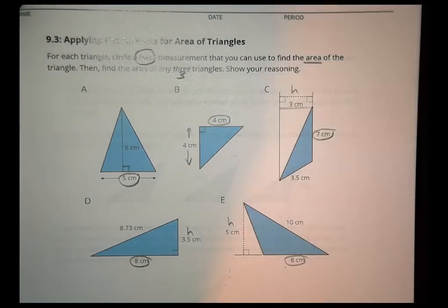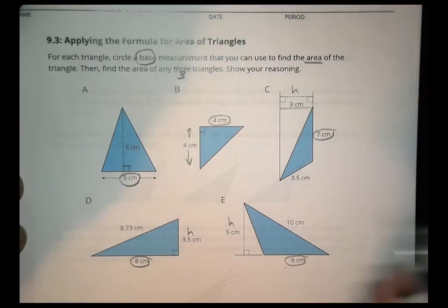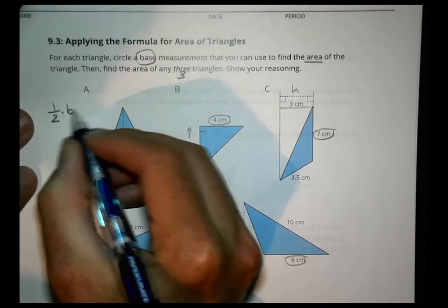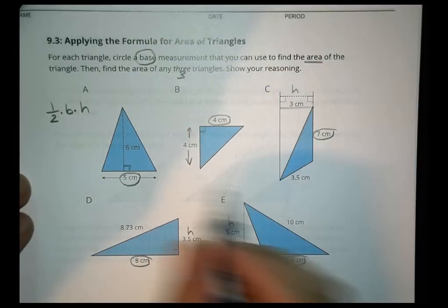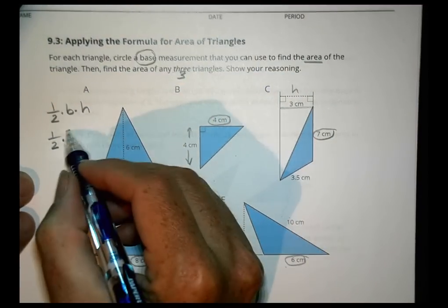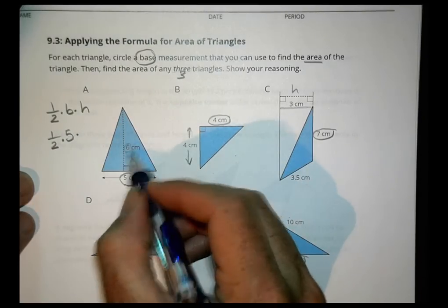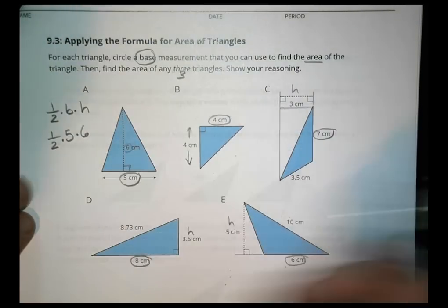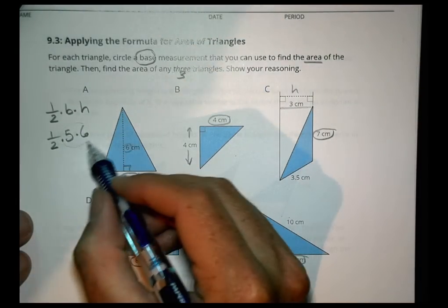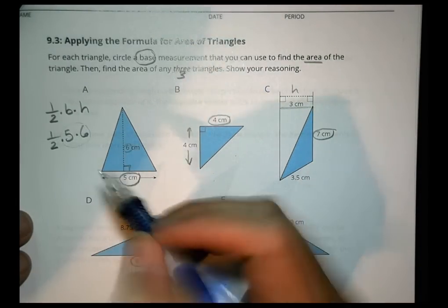So, in terms of finding the area, using what we just did in the last lesson, 1/2 of the base times the height, on this one, I would have 1/2 times the base, which is 5, times the height, which is 6. And it's up to you how you want to work this out. Sometimes you might want to multiply them together first and then divide by 2 or multiply by half.